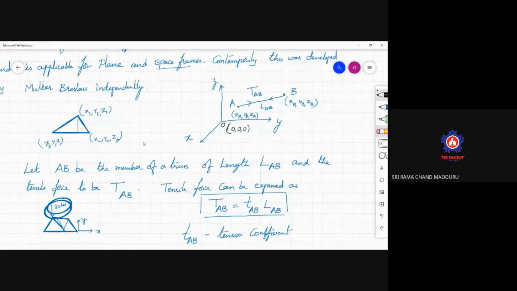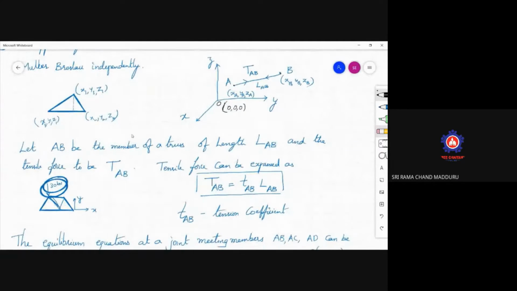What we are going to do in this method is that every member will be assumed to be in tension. That's why the method is named the tension coefficient method. We will assume all the forces in the members are in tension. Then the tension force in any member can be expressed as small t into L, where small t is called the tension coefficient and the length of member AB is to be calculated.